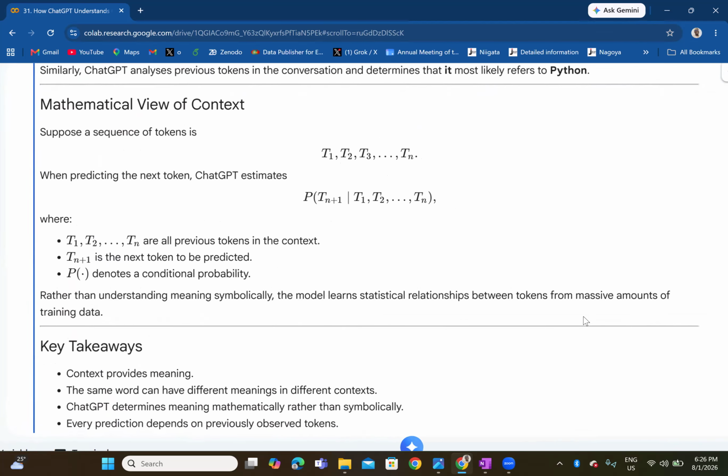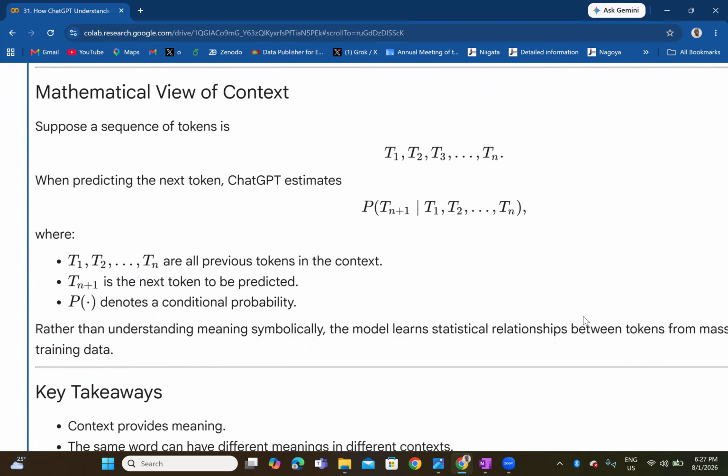Suppose the sequence of tokens is T1, T2, T3, and so on. Whatever you feed into ChatGPT, for instance, that's your prompt, and the prompt is broken down into tokens. So let's say you have n tokens, from T1 to T2 to T3 up to Tn. When predicting the next token, ChatGPT uses probability: you have to get the token at the next time point, given the tokens at all the other points up till now.